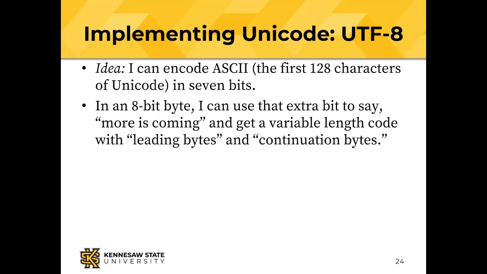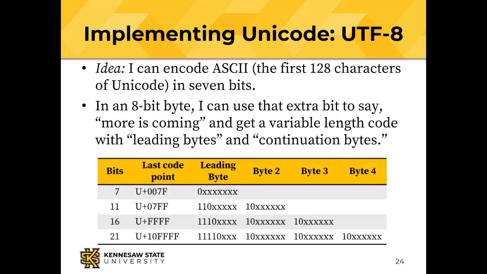Those variable length codes had leading bytes and continuation bytes. Each code point had a leading byte, and they might have 1 or more continuation bytes. It is set up like this. For the first 128 code points, there's only a leading byte. It is a 0 followed by 7 bits of US ASCII, essentially.